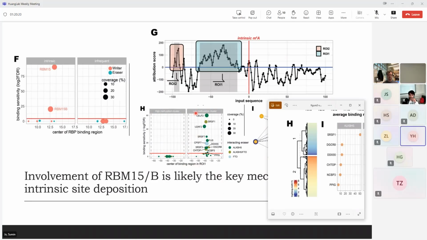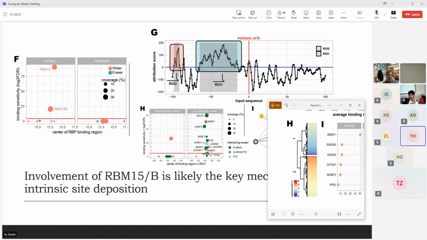Right, that's the group of M6A sites with low methylation, whereas the left panel of figure H is the enrichment of RNA binding proteins for the high methylation group, where you can see there's nothing enriched, right?